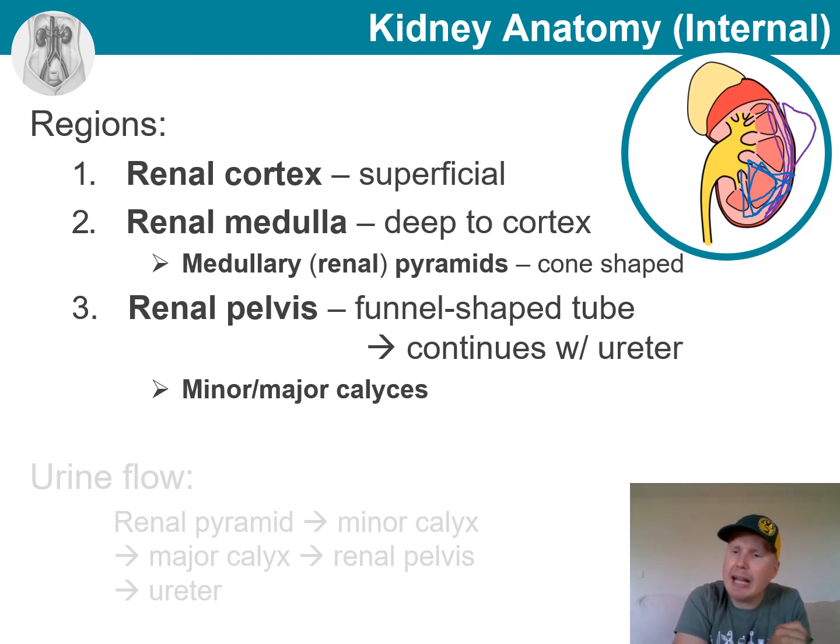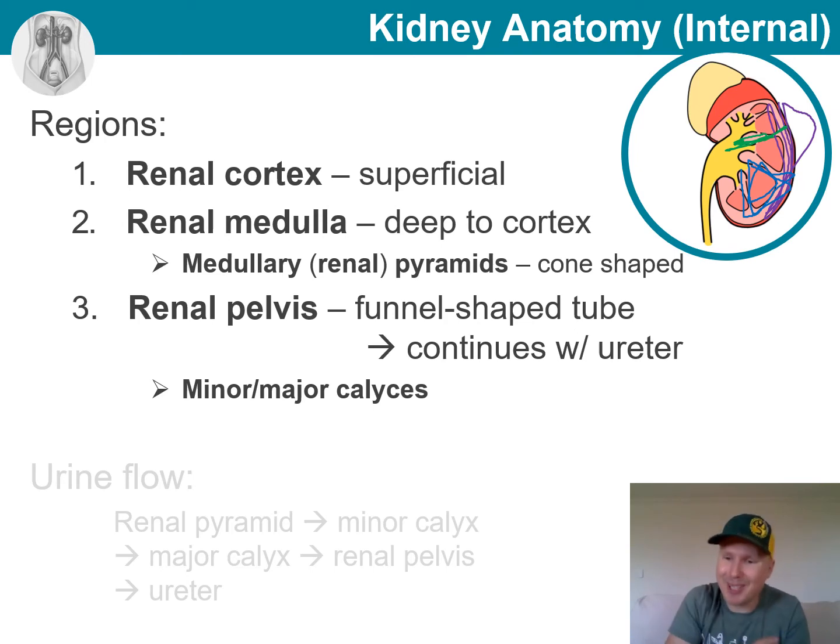Notice on this diagram how the broad base of the pyramid faces the cortex, while the tip of the pyramid, known as the papilla, points internally. Then these renal pyramids are separated by renal columns, which are inward expansions of the cortical tissue.